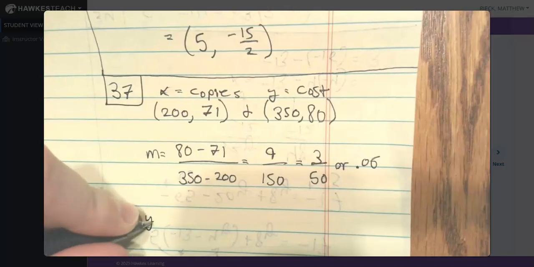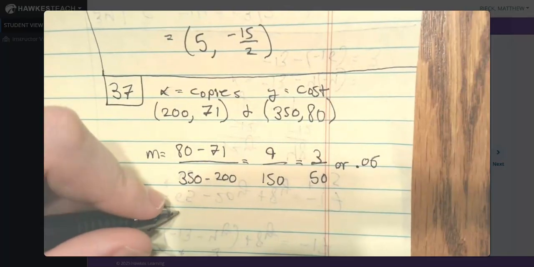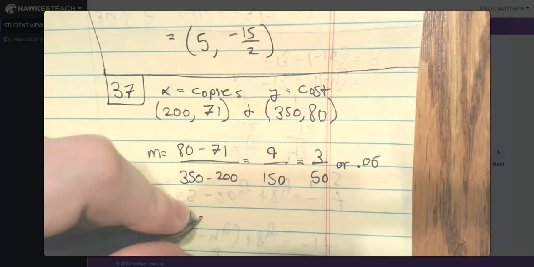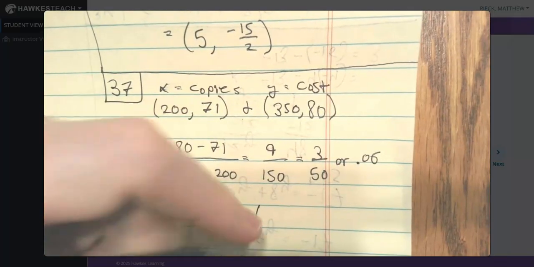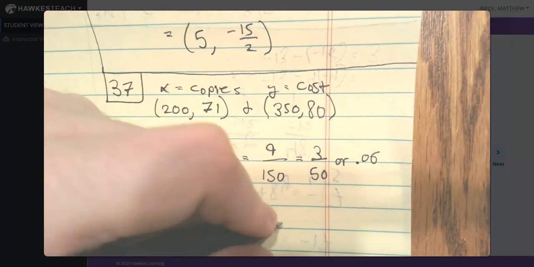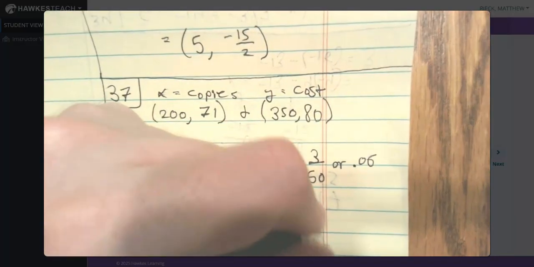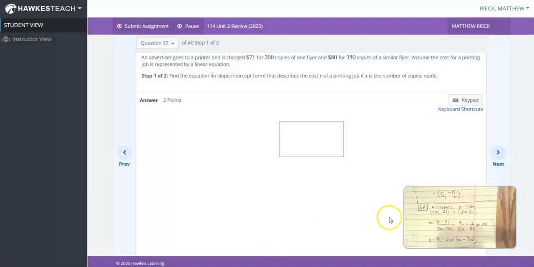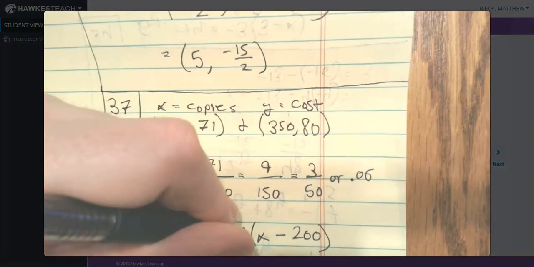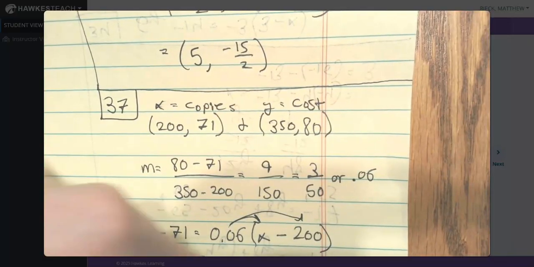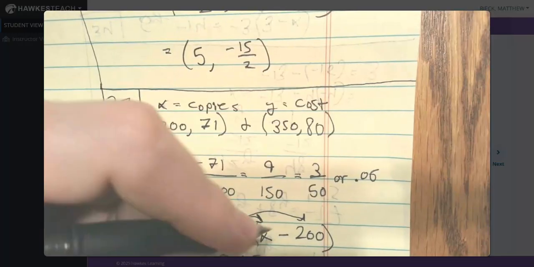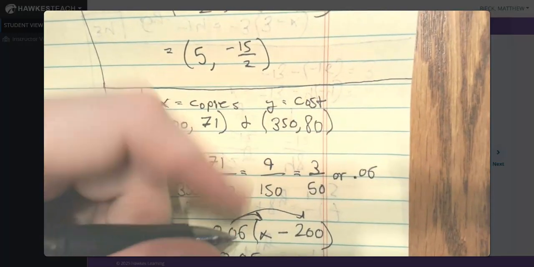Alright, so you have y minus 71 equals m. I'm going to go ahead and use the decimal here. And then we have x minus 200. So we have y minus 71 equals 0.06x, and then 0.06 times 200.